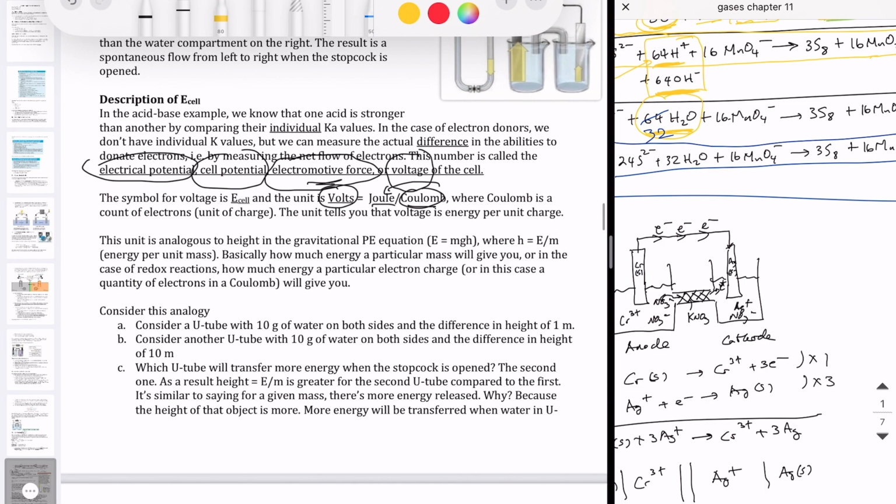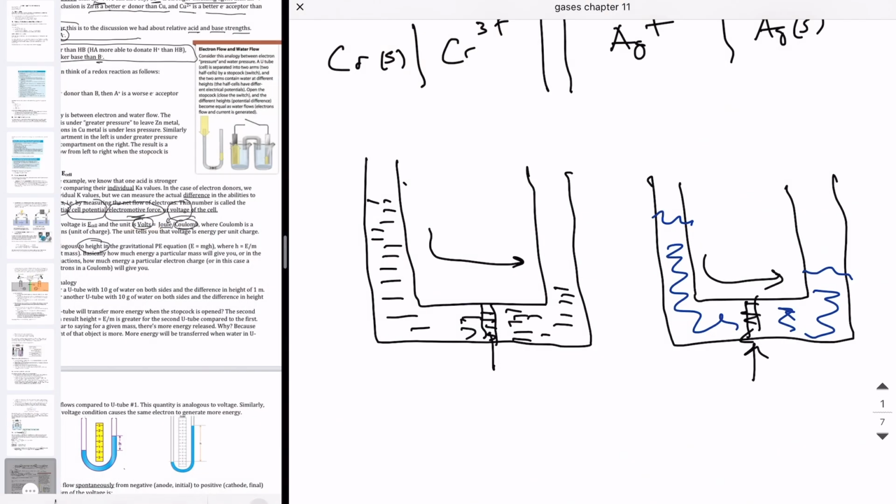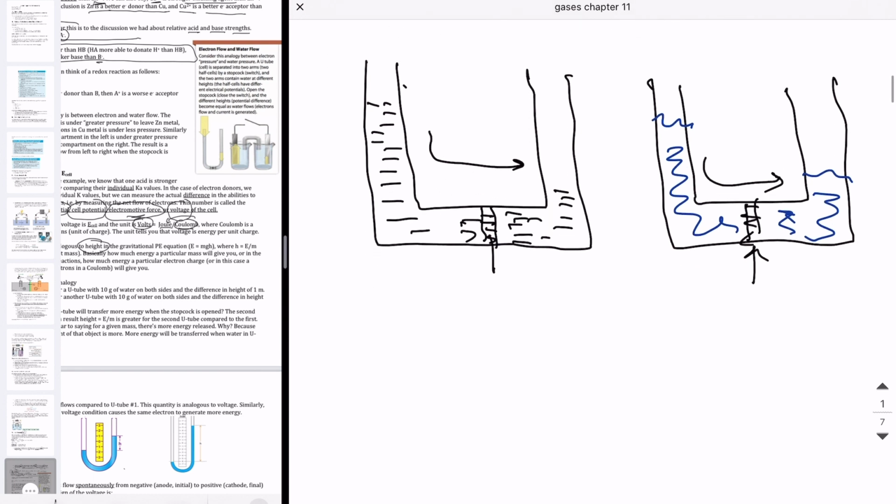I want to say again how analogous this quantity is to height when you're talking about gravitational potential energy. When we're looking at gravitational potential energy, we're measuring the difference between the height of that water and the height of this one. The height is measured with respect to the zero value at the bottom of that water.